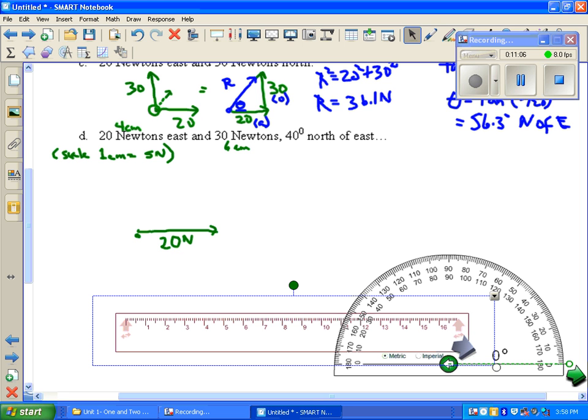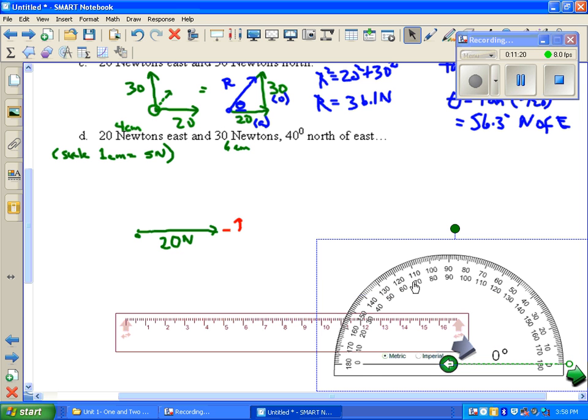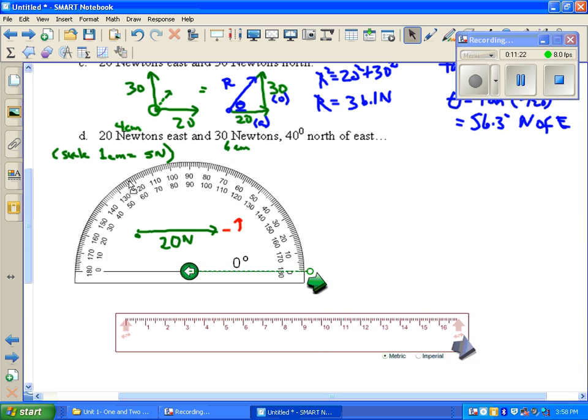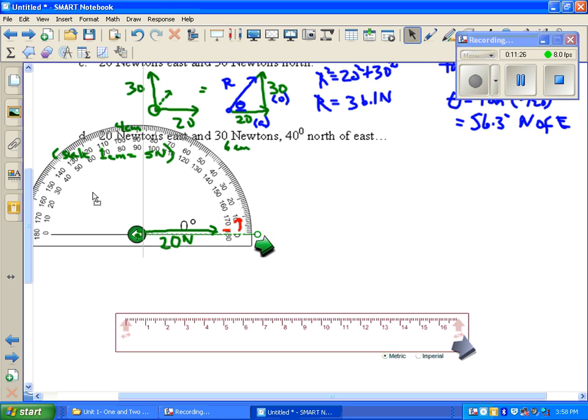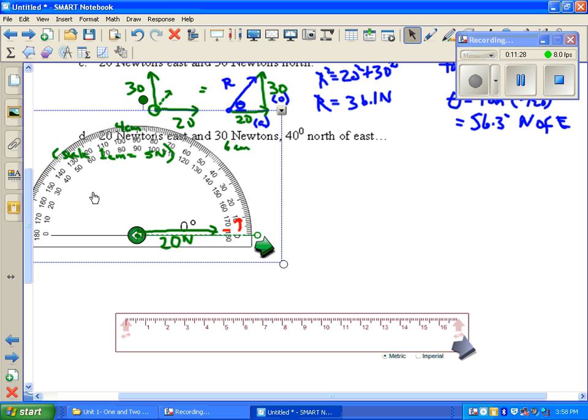Now I have to do the other one. In order to do the other one, I have to mark out 40 degrees north of east. So this over here is east, and I have to swing 40 degrees north of that. So I'll take my protractor and slide it over so that its origin is at the origin here. And I'm going to mark 40 degrees north of east, so that mark is going to be right here.